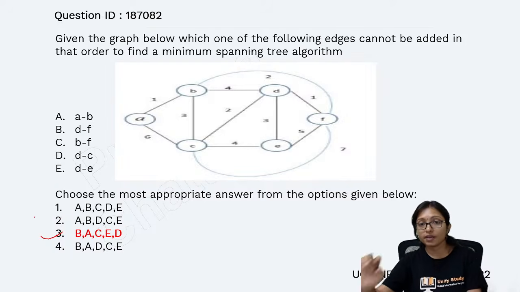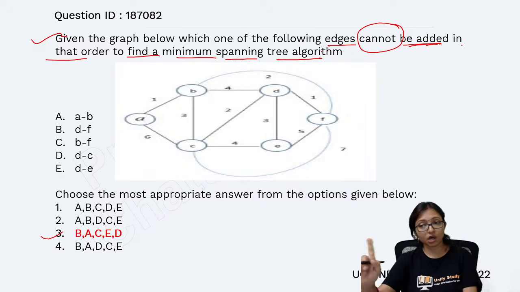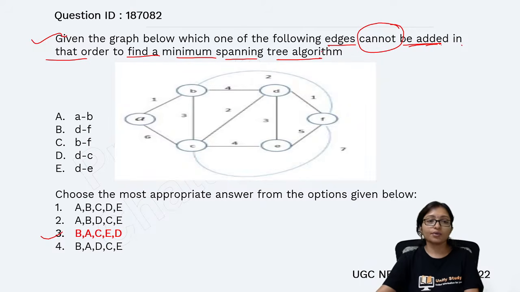Why? Very carefully you can see, given above, the edges cannot be added in this order to find the minimum spanning tree. The order is given. Now you can see here it is starting with AB. So whenever there is weight 1, I can take this one, and I can take this one, this is also 1.